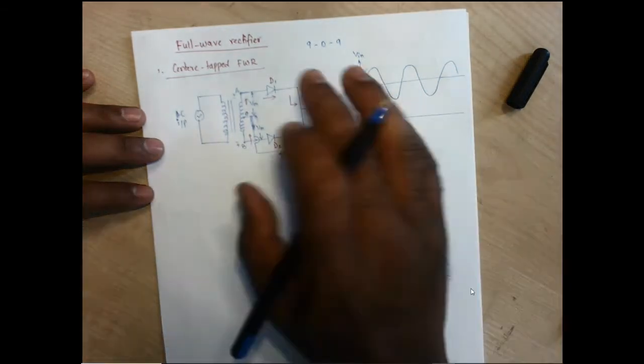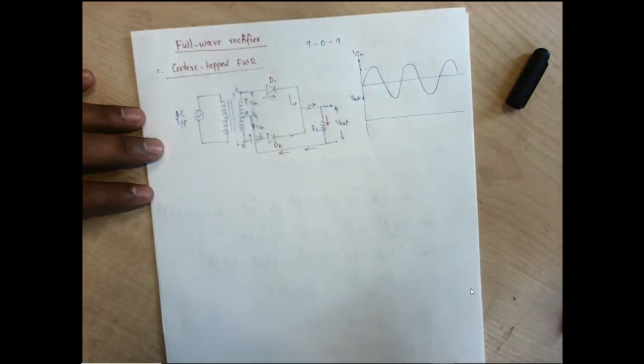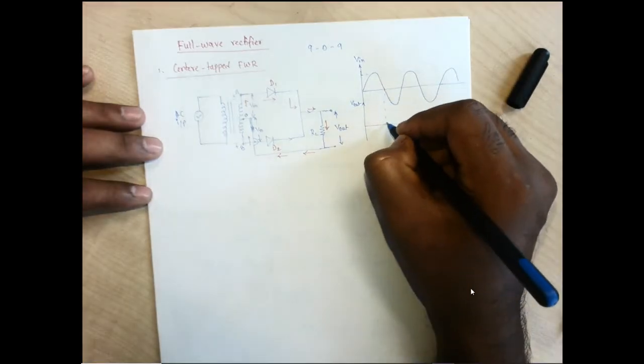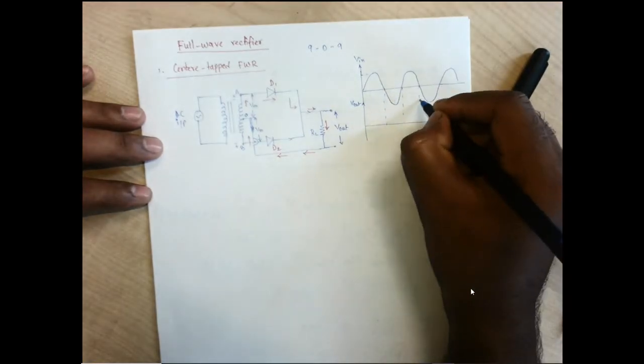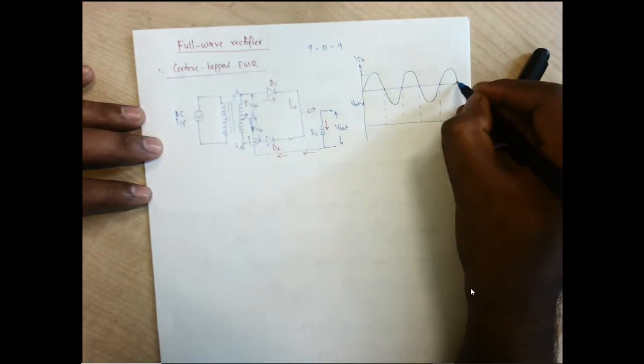So as a consequence, we'll have the output. If we look into the output, each half will have the current in the same direction.